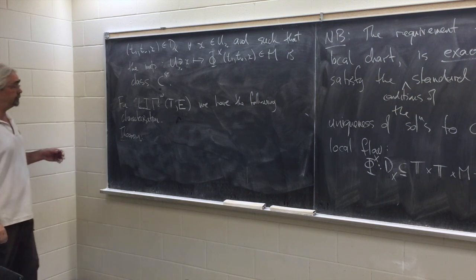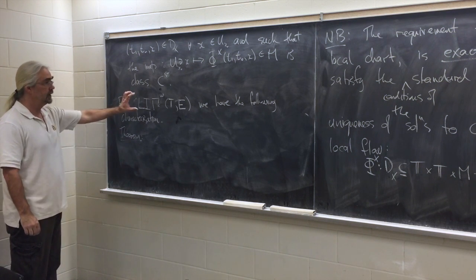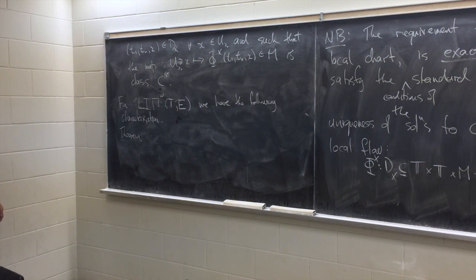All right, so the way you check that something is in here, by the definition that I gave, is you involve this sequence of positive numbers converging to 0. In principle, according to the definition I gave, you have to check that condition for every such sequence.